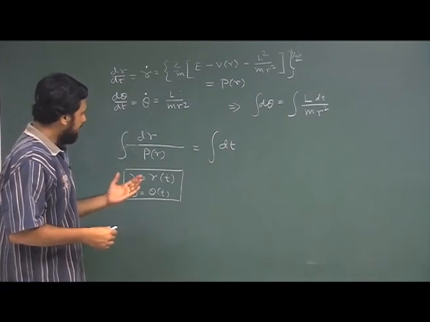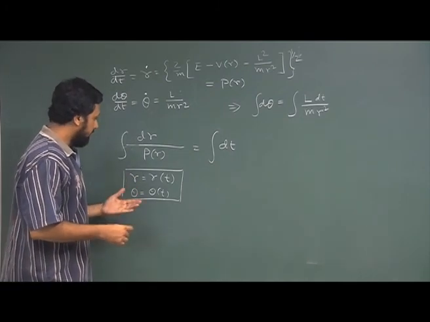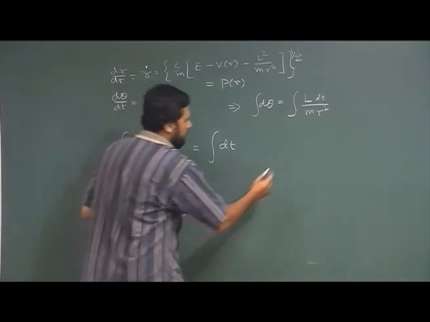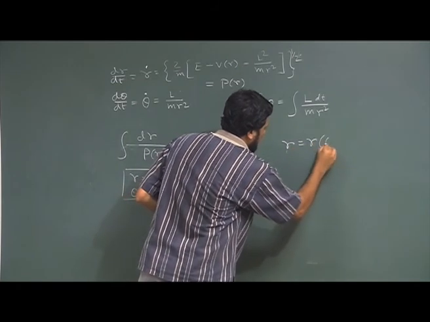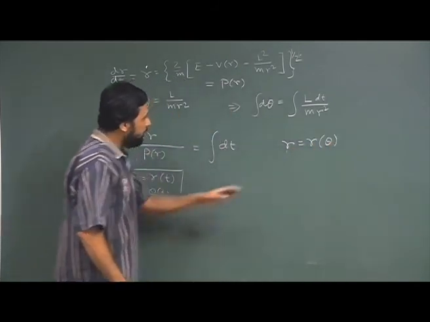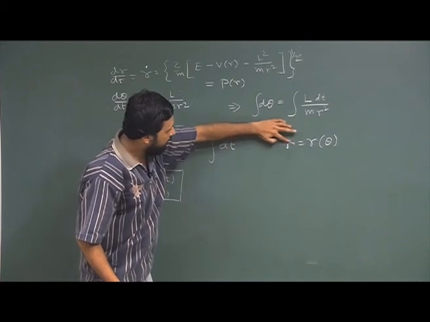So, in order to gain insight, we can also try to get a solution of the form r as a function of theta. This will be a time independent form of the orbit.